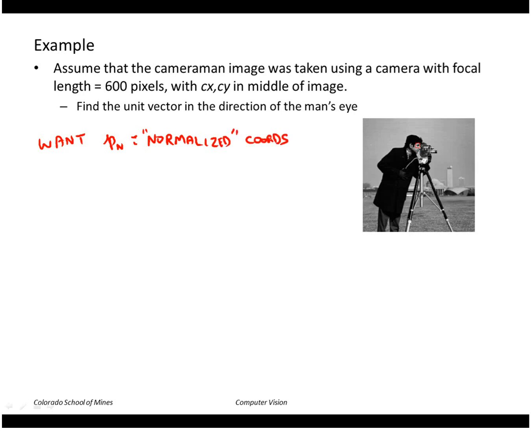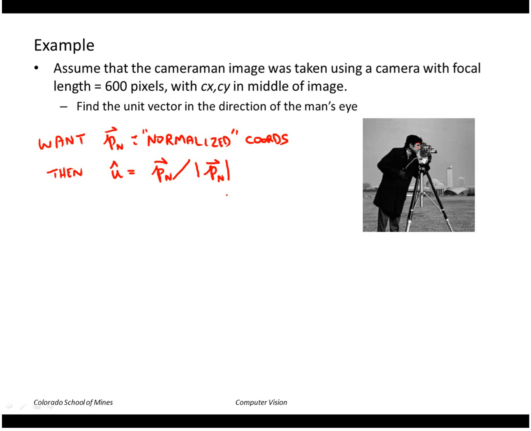Because if I know that, I can find the unit vector by simply taking this vector, there's a little vector here, and making that of length 1. So just scaling it so that it's of unit length.